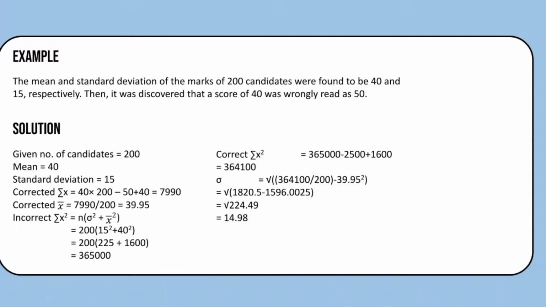the corrected sigma x equals 40 times 200 minus 50 plus 40, which equals 7,990. And the corrected x-bar is 7,990 divided by 200, which equals 39.95.